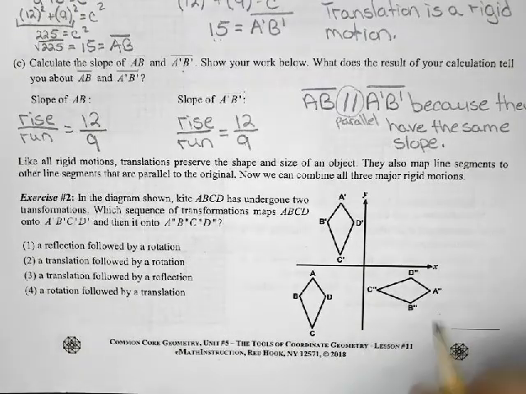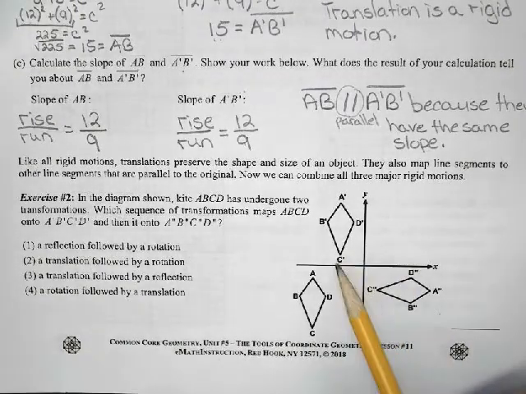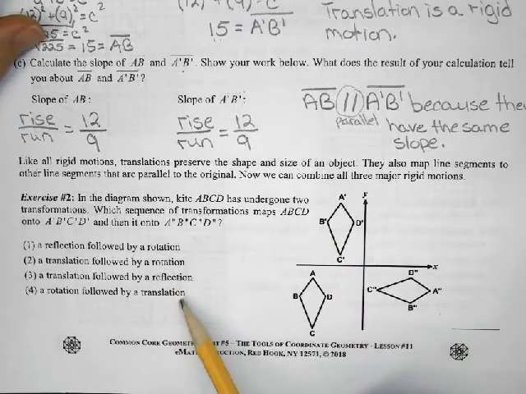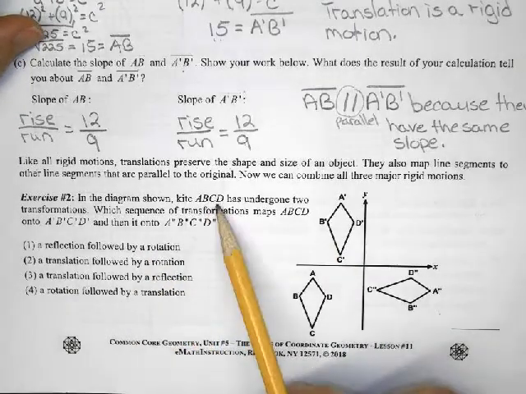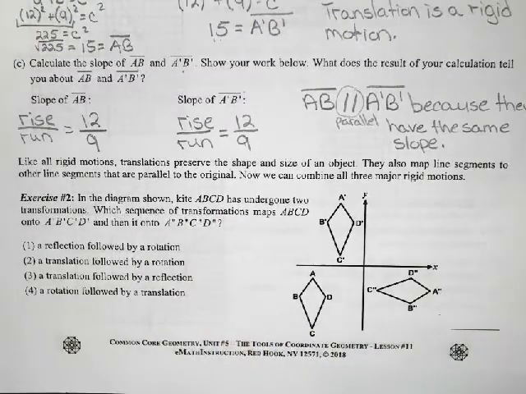Right, in this second piece, it asks which of the following would map ABCD onto A prime, B prime, C prime, D prime, and then onto the double primes. Right, so if we take a look, we can see that this indeed first starts off with the idea that it is a translation.